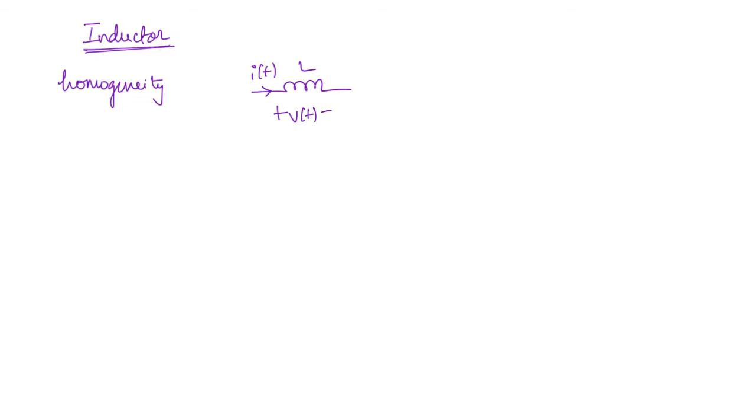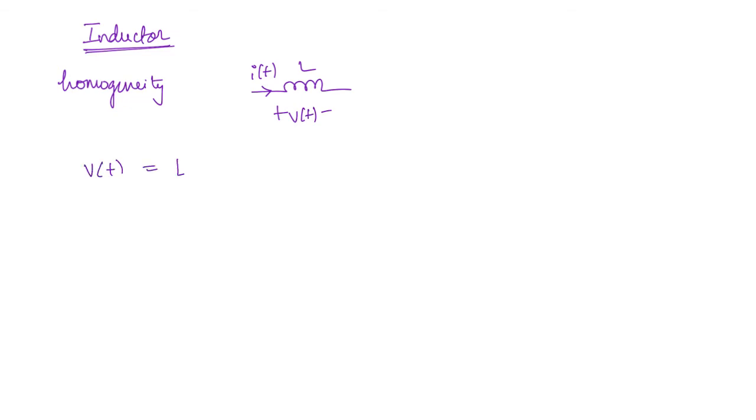Now we will see the case of the inductor, whether it satisfies both the properties, homogeneity as well as additivity. First we will see the homogeneity property. If you take an inductor L and the current through it is I of t and the voltage is V of t, how will V of t be related to I of t?